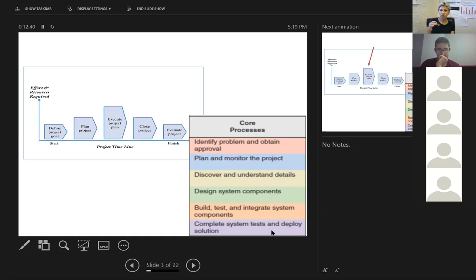The order in which these phases happen and the amount of time and resources you spend on each of these phases differ from project to project, depending on the approach you're taking, the team you're working with, and the technologies that are involved in it. So it doesn't have to happen in the same order, but we call it major phases of systems development lifecycle.